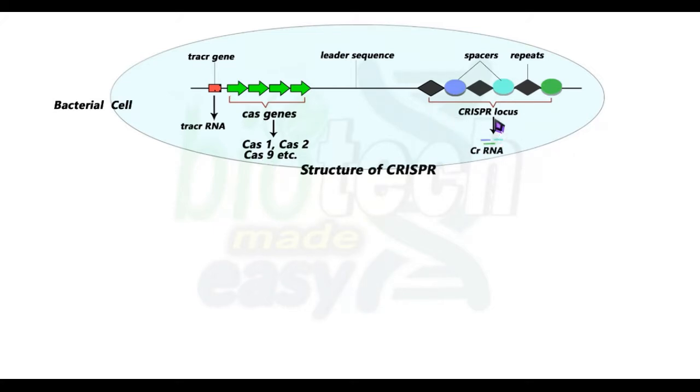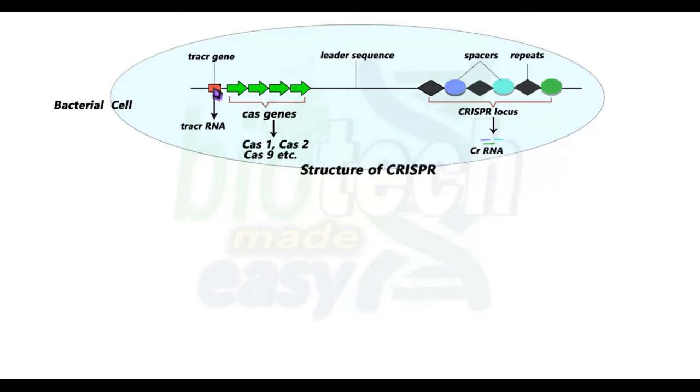Then here you also see that crRNA is formed from the spacers, and according to the different colors of spacers, I have shown different colored CRISPR RNA also, which is known as crRNA.